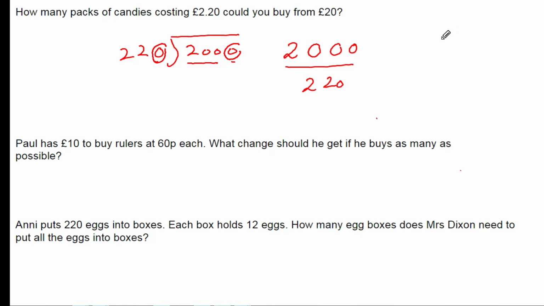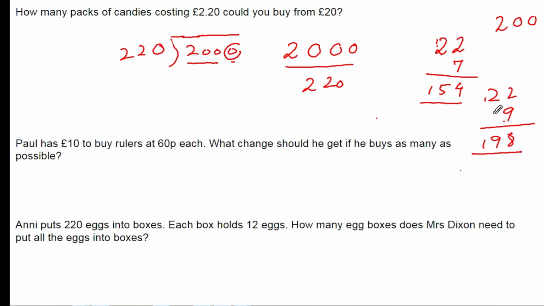So I'm gonna multiply 22 with a number which is near 200, right? If I multiply it with 7, let's see what I'm gonna get. 7 times 2 is 14 and 7 times 2 is 14, plus 1 is gonna give me 154. So 154 is very less than 200, so we can try 22 times 9.